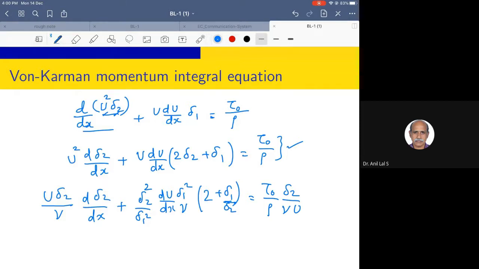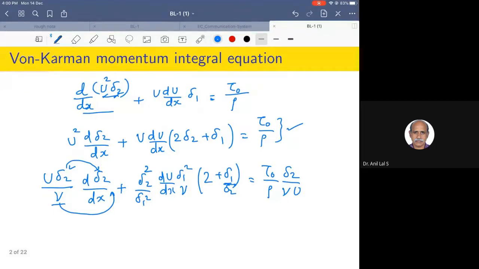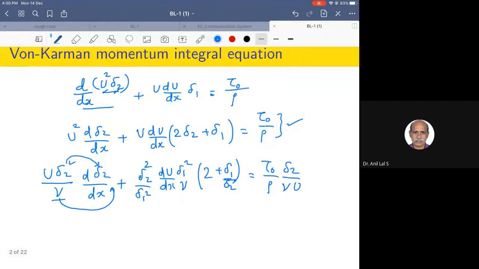Now all the terms are dimensionless. Again, this delta 2 can be taken inside the differential, and nu also can be taken inside the differential, assuming that the viscosity does not change within the boundary layer. That is normally the case.